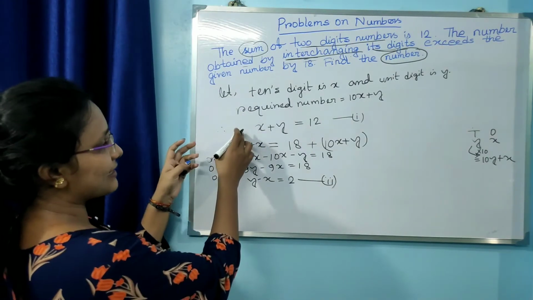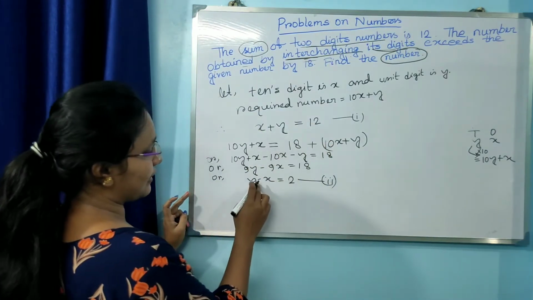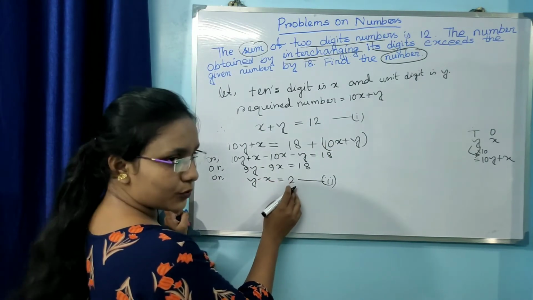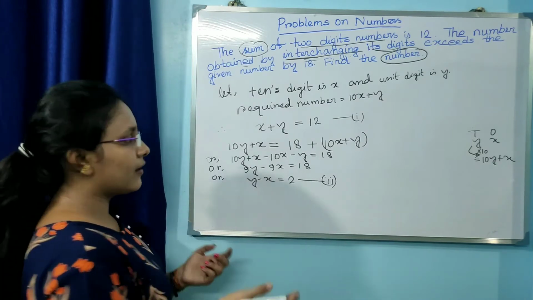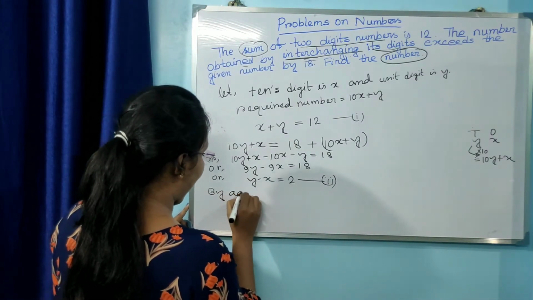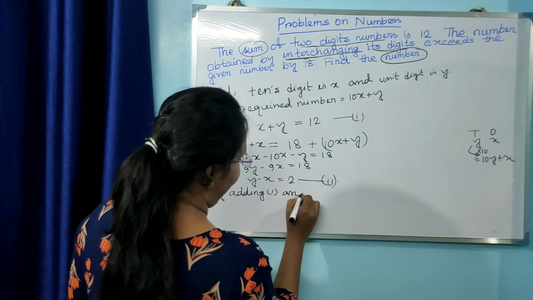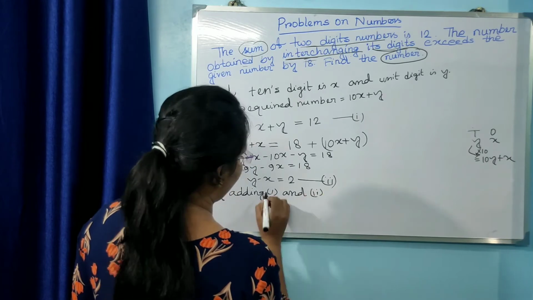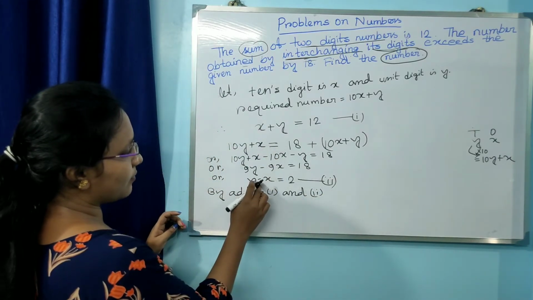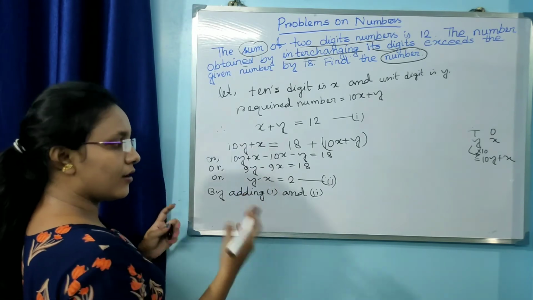Now see, here is a set of linear equations: x plus y equals 12, and the other is y minus x equals 2. Now you can solve this by adding 1 and 2. Why do we add? Because here is minus x, here plus x, and the coefficients are also the same, 1 and 1.